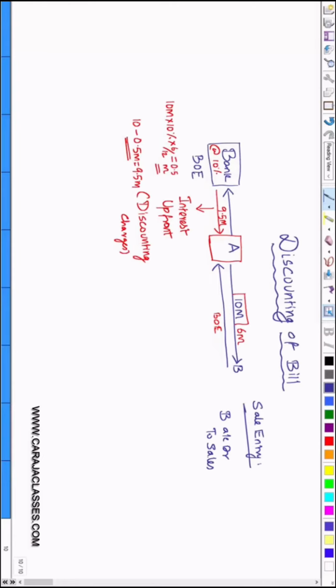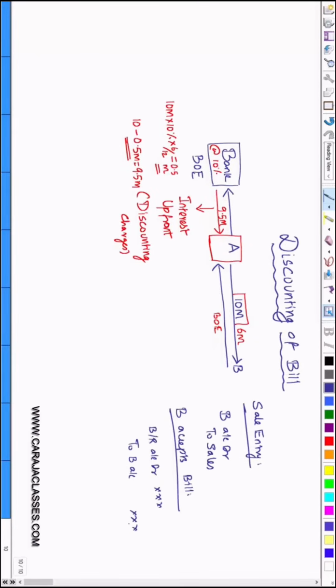This is in the books of A. Let us focus only on the books of A now. Then A is preparing a bill, sending it to B. B is accepting the bill. In that case, bills receivable account debit, and giver of benefit is B. So to B account.